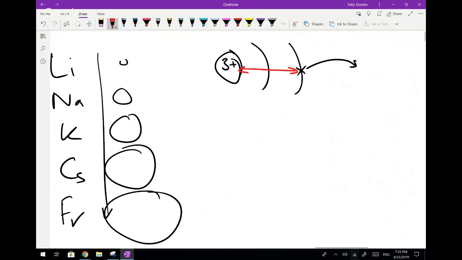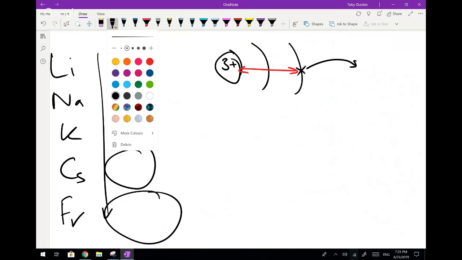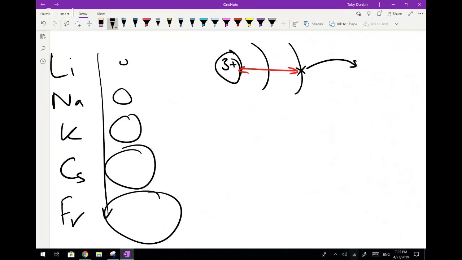As we go down the periodic table, the atoms get bigger. So in sodium's case, we've got 11 protons in the core, but now we've got an additional shell. People often ask, does the charge in the nucleus not counteract the distance the electrons are from the nucleus?